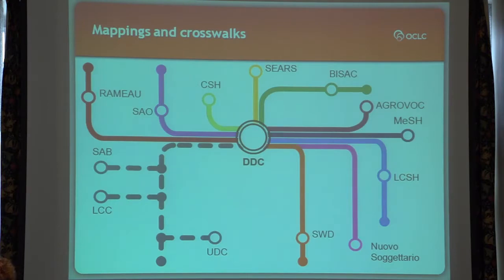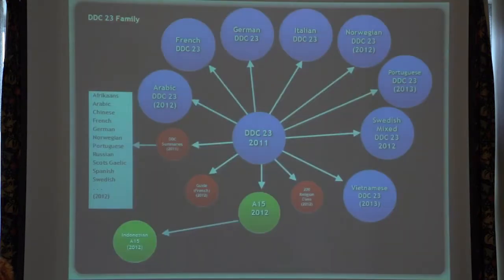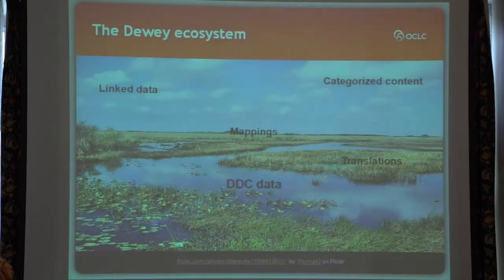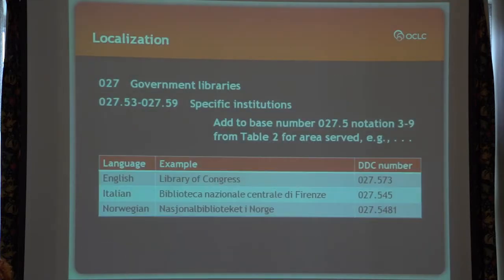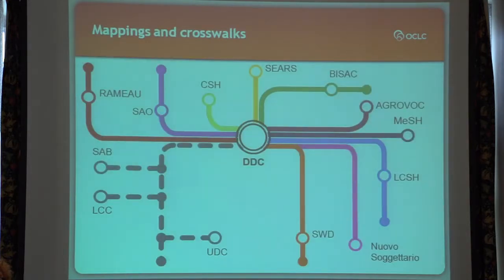So if we go back, all the way back here, I had the DDC data, I had the translations. The next thing I'm going to talk about are the mappings. So another rich part of this ecosystem are the tremendous number of mappings and crosswalks that exist between Dewey and other controlled vocabularies and classification systems.